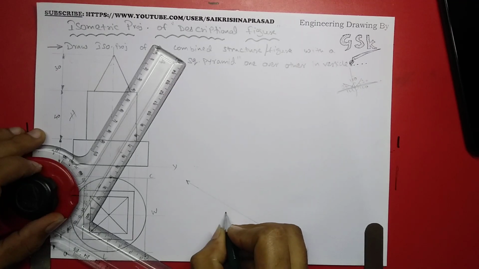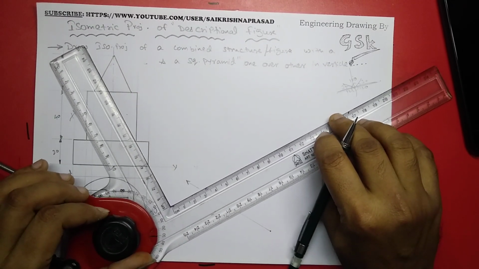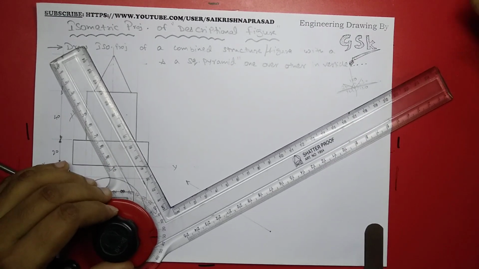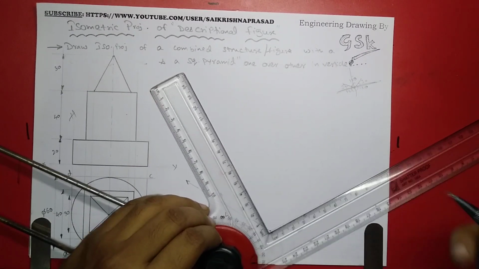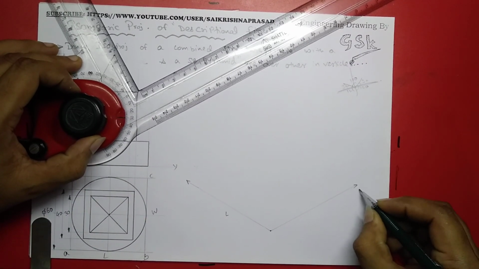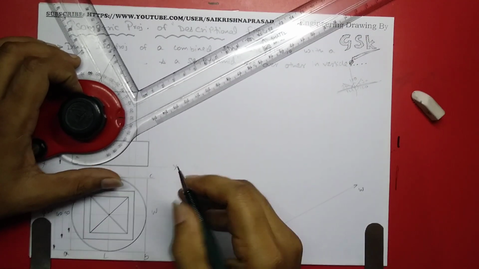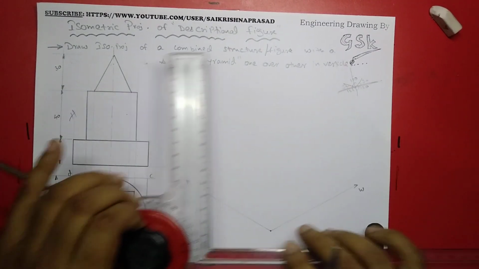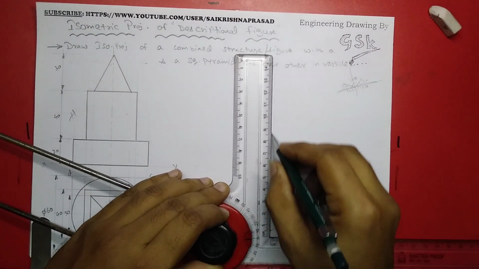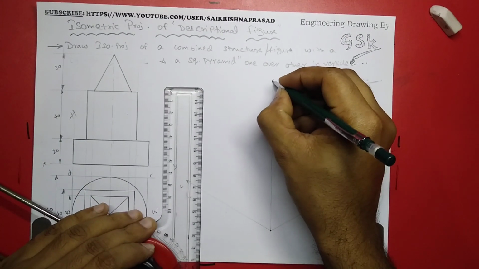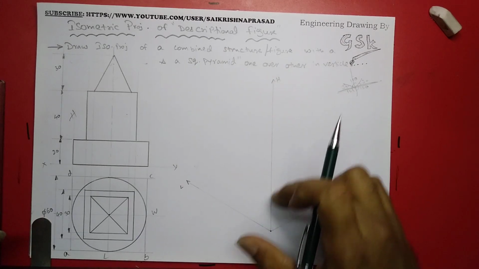This is length. This is width. And height. So this is the length axis, width axis and height axis.